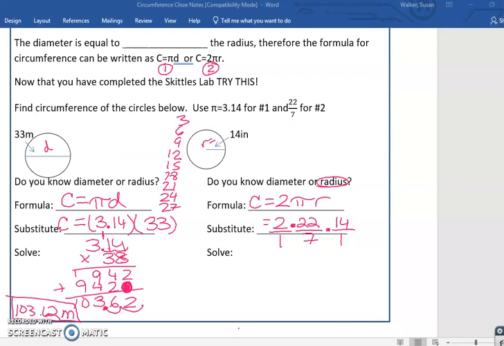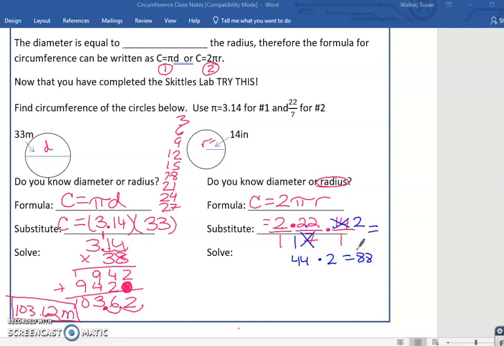Now, can you tell why we used 22 over 7? Hopefully you can tell it's because this 7 is going to work with the 14. We have a relationship, right? 7 divided by 7, 14 divided by 7. Okay. 2 times 22, 44. 44 times 2, 88.